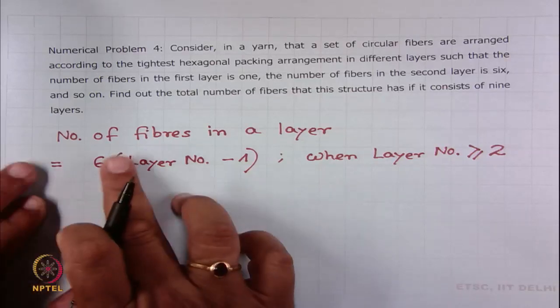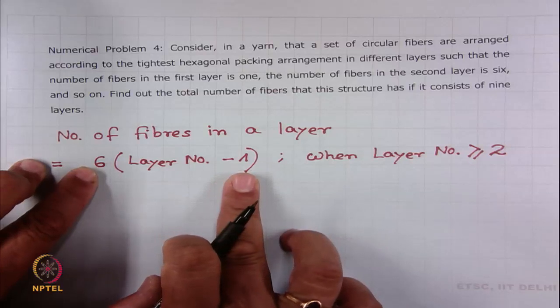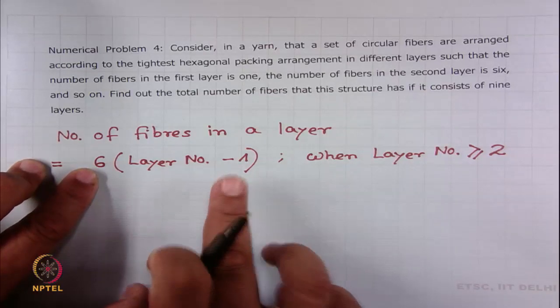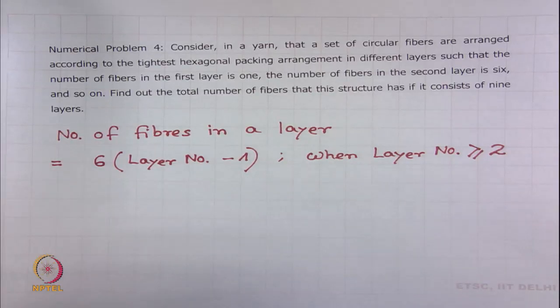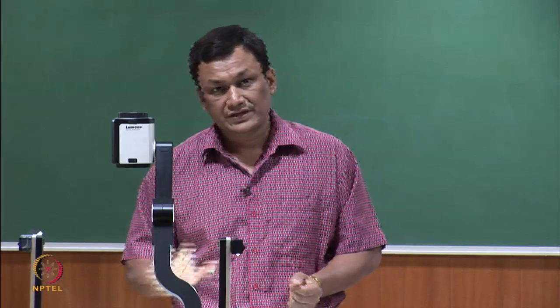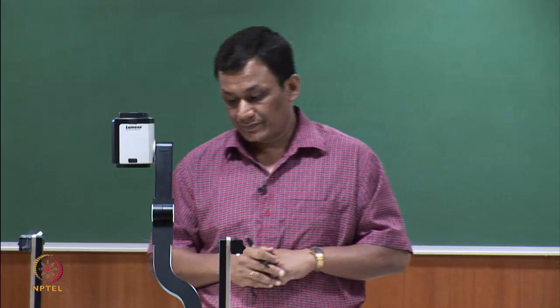So, number of fibers in a layer is equal to 6 times layer number minus 1. This formula is true when layer number is greater than or equal to 2. So, that means for the first layer it is not valid. For second layer onwards, this formula is valid. You can derive it.